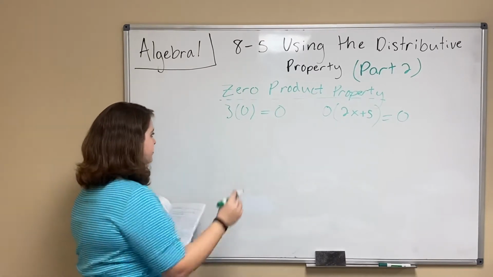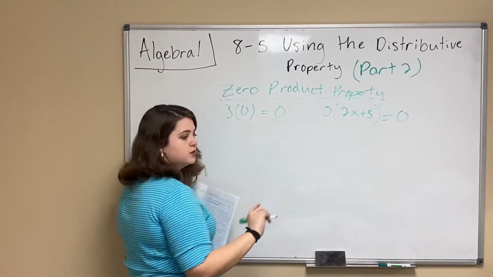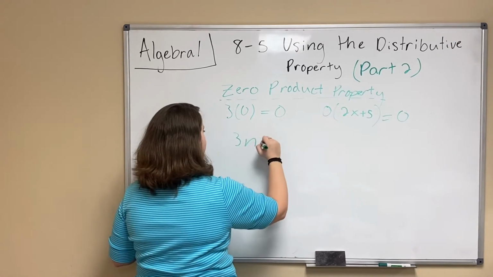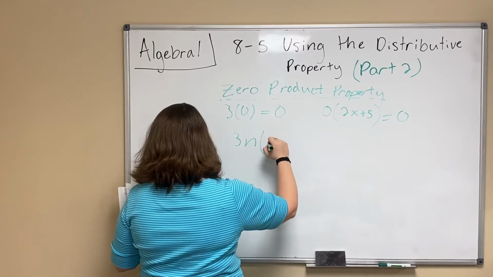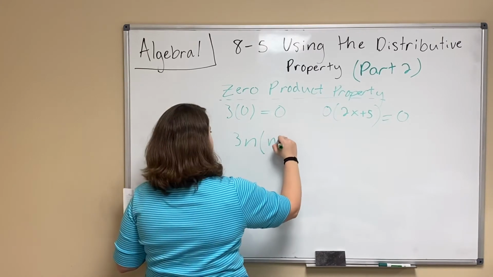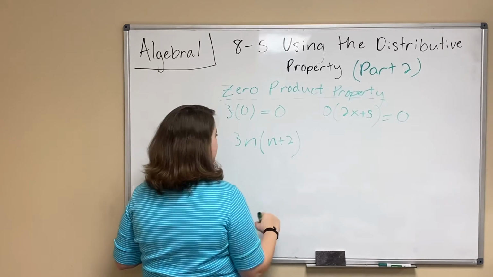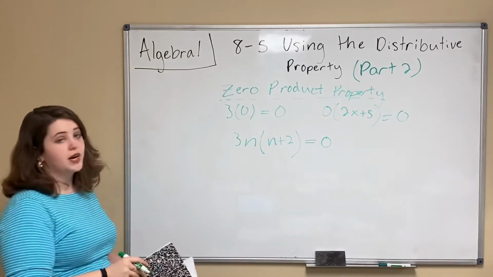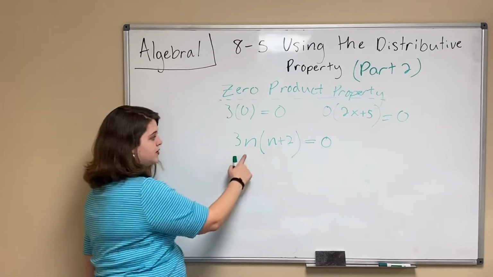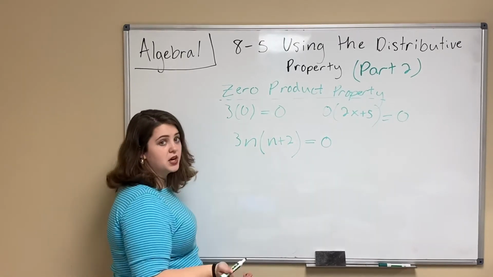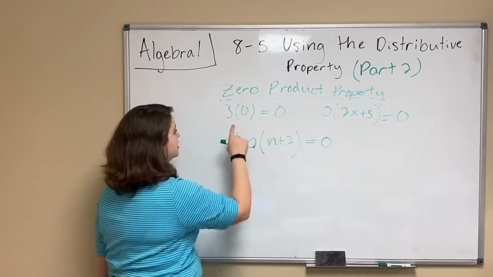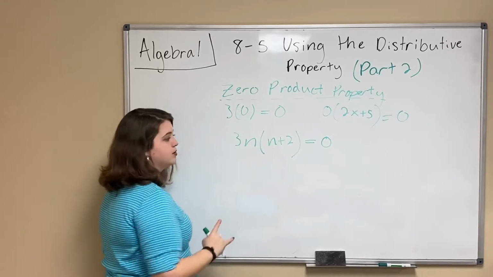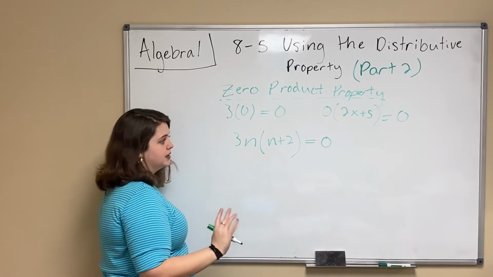So if I have two monomials or binomials or any kind of polynomial multiplied by each other, 3n times n plus 2, and I've told you that this equals 0, then what I know is that one of these, or both of these, must equal 0, right? Because for it to equal 0, at least one has to also equal 0.